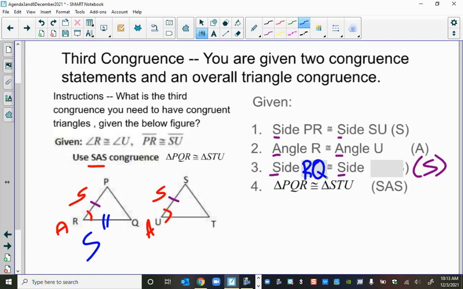And then what would be the second side? U to T. Or I should say, the side in the second triangle that corresponds. UT. Now, I think somebody might have said TU. That's okay, too. You can get away with it. You want to keep it as orderly as possible, but here you knew RQ, QR, has to match up with UT or TU. All right, good job. Does everybody see where we're going with these types of problems?